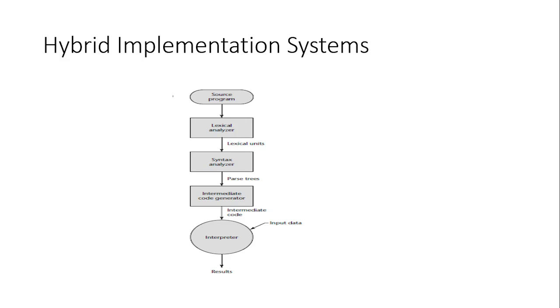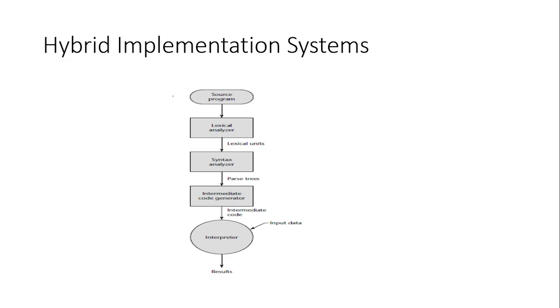Its intermediate form is called bytecode, which provides portability to any machine that has a bytecode interpreter and an associated runtime system. Together these are called the Java Virtual Machine, or JVM.